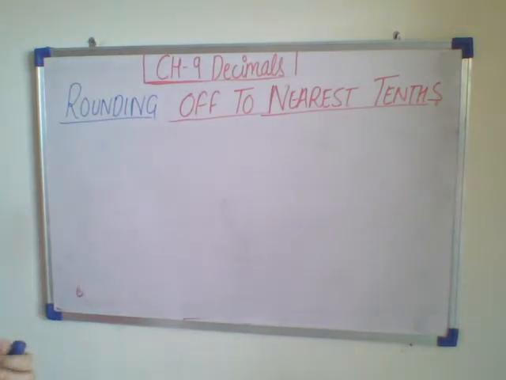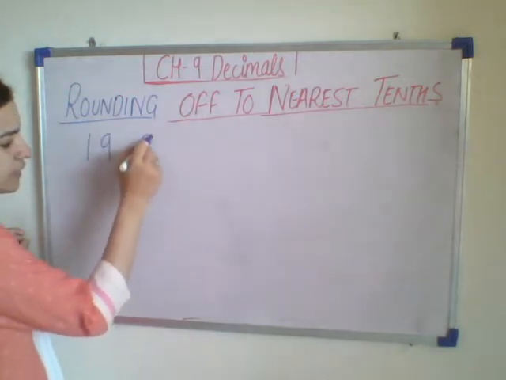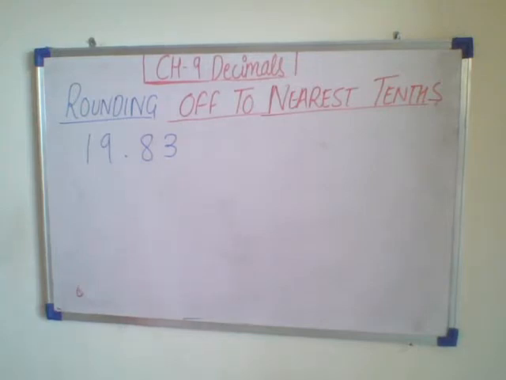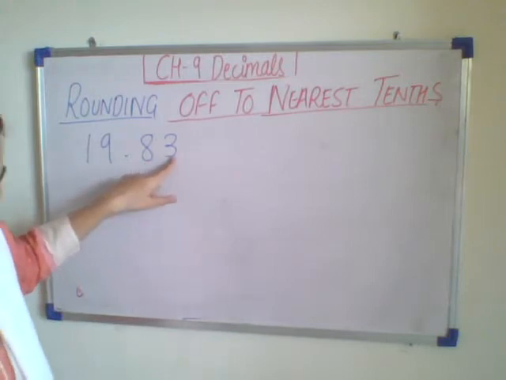Let me write a number, that is 19.83. We have to round off 19.83 to the nearest 10th. Now to round off to the nearest 10th, we examine the digit to the right of the digit at the 10th place, that is the 100th place.